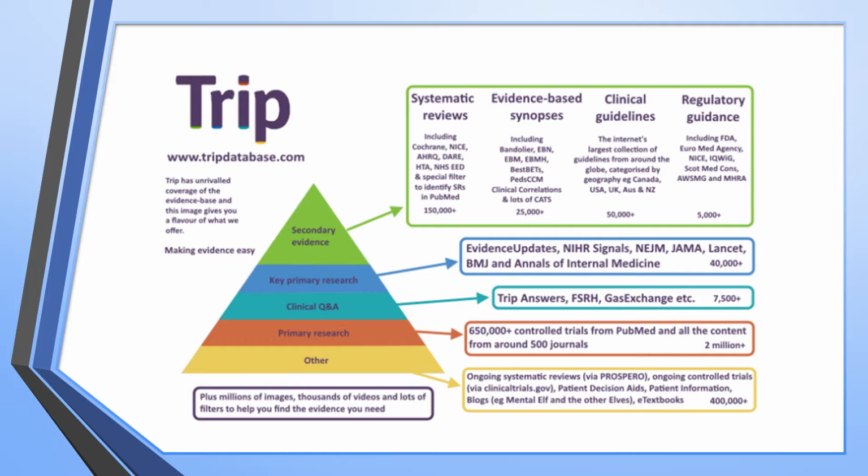These are the categories used by TRIP and the publishers under it. Publishers are classified based on their output, like secondary evidence, key primary research, clinical Q&A, primary research, and others. Under secondary evidence, there are systematic reviews, evidence-based synopses, clinical guidelines, and regulatory guidelines.